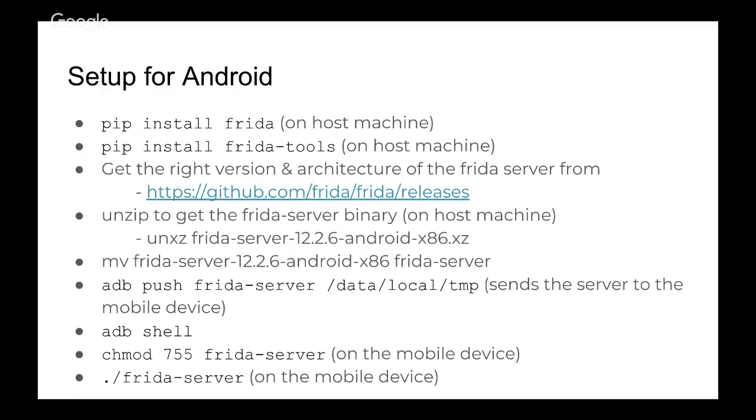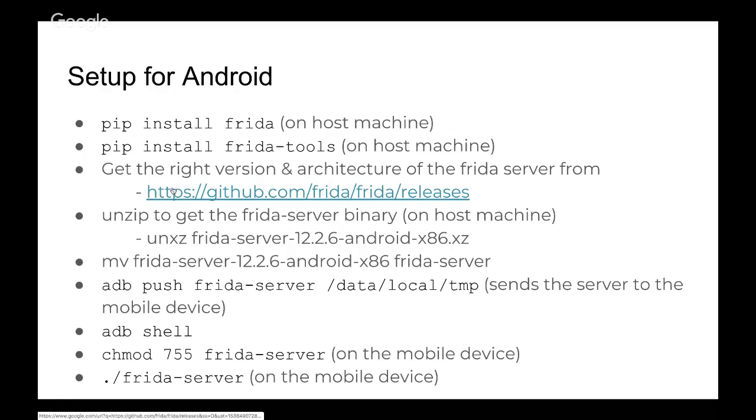So for example, in our case, we have used Android virtual devices, which is provided by Android Studio itself, x86 machines, and we are using the Frida version 12.2.6. So we have to make sure that pip installs 12.2.6 on the host side, while we download the Frida server for x86 and 12.2.6 for the Frida server side.